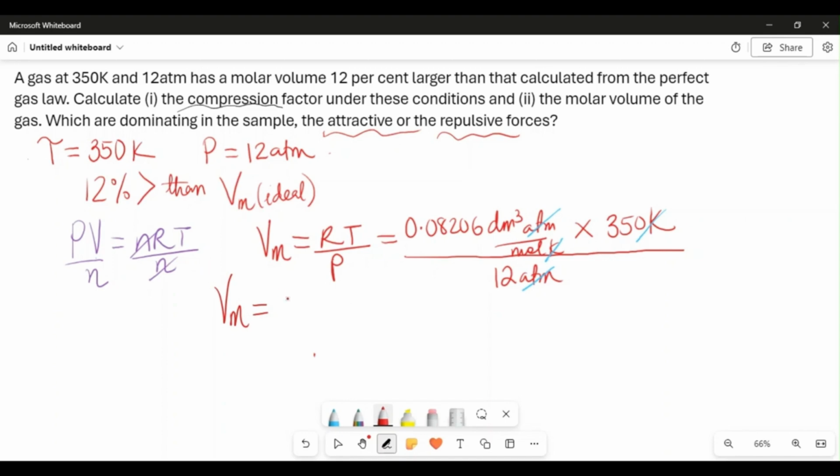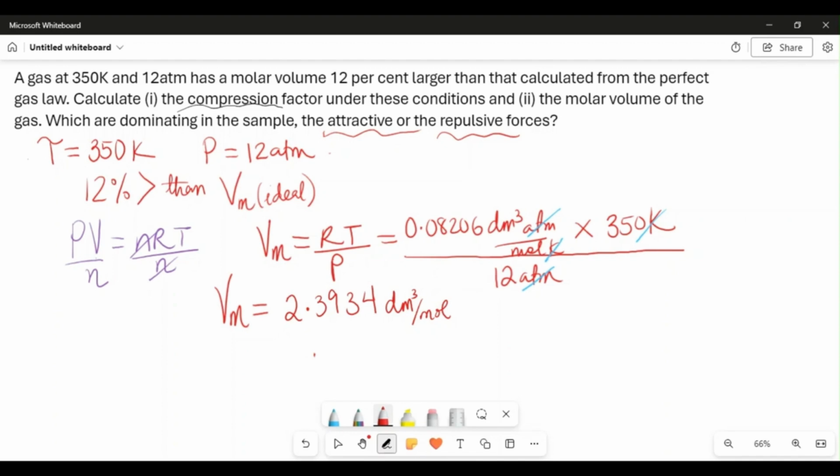When you put this in the calculation, you get 2.3934 dm cubed per mole. Pay attention to the units. Molar volume is volume divided by number of moles, so the unit of molar volume is the unit of volume divided by the unit of mole. So dm cubed per mole is what you get.